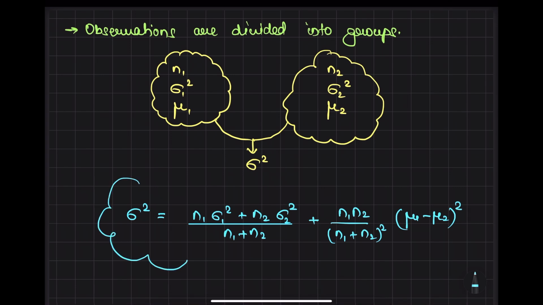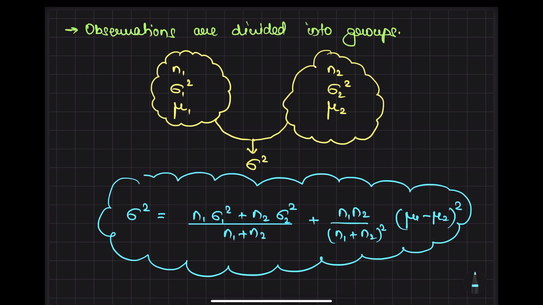So this is the combined equation of two groups for the variance of the whole class.